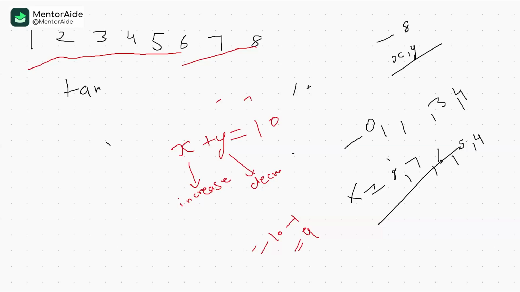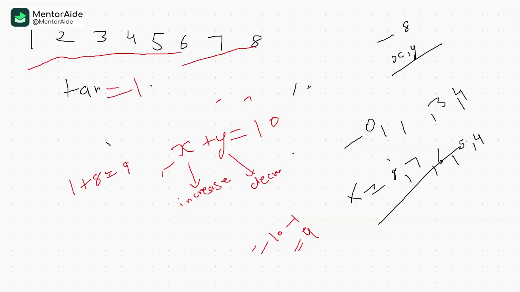And what if we are decreasing x, then what will happen with y? Increase. Okay. Now if I say 1 plus 8 is equivalent to 9, and what is our target?